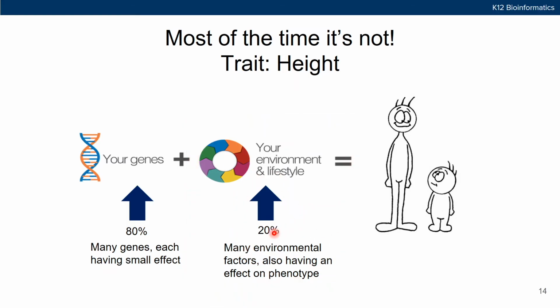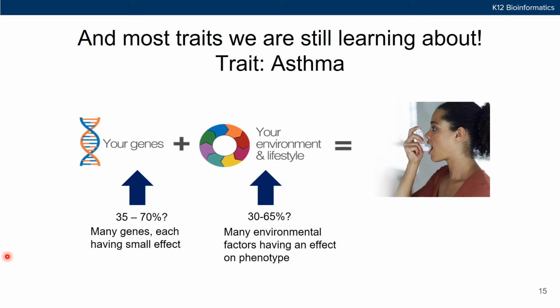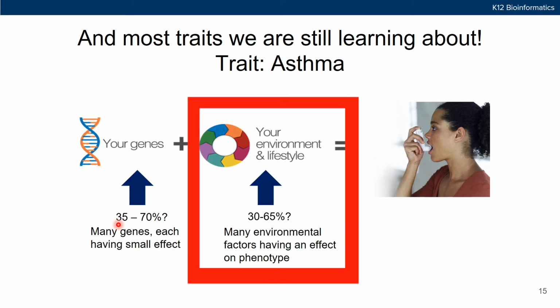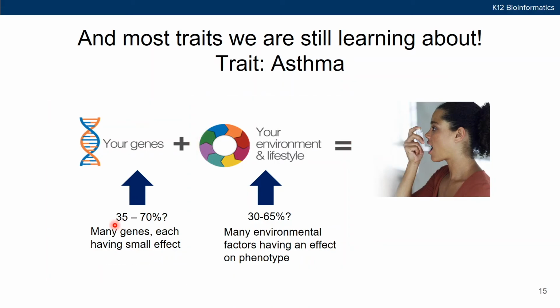environment while growing up. Additionally, most of these traits we are still learning about. Take asthma as an example. You may even have asthma yourself, or even know someone in your family or friends that may have it. It's extremely common. This trait is also a combination of the genes you inherit and your environment. Scientists are working to understand both the genetic and environmental pieces of this equation.